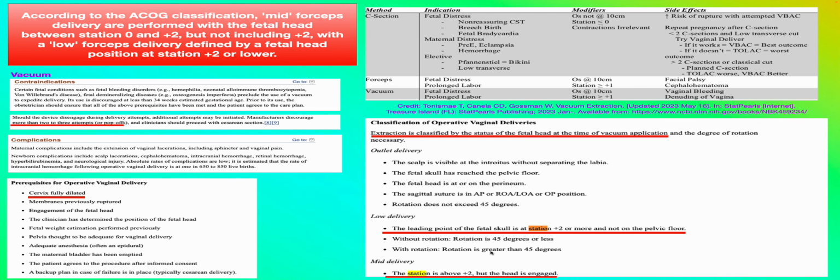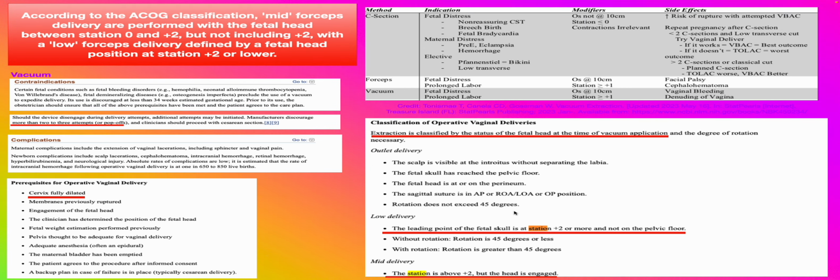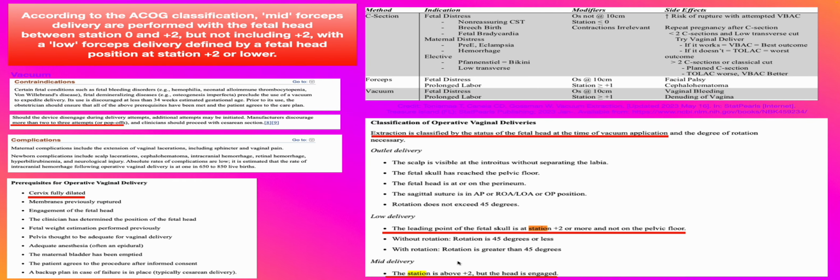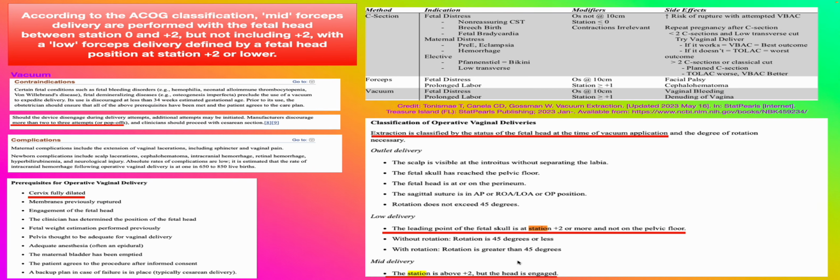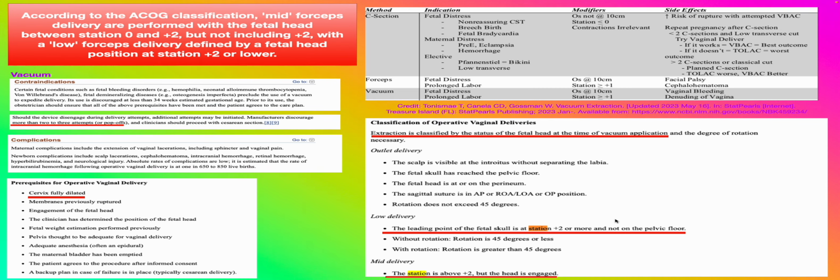You can have without rotation, so 45 degrees or less, similar to the outlet delivery, which is always less than 45 degrees. And then you can have with rotation when it is greater than 45 degrees, meaning some more significant turning of the device and the fetus was necessary to progress through the canal.